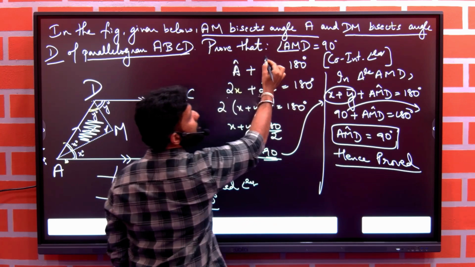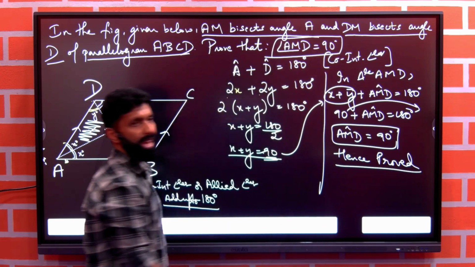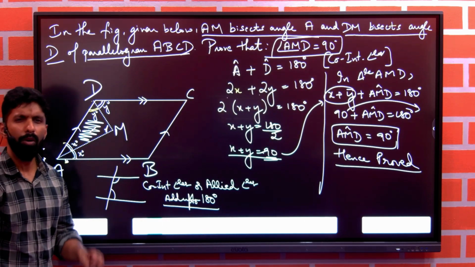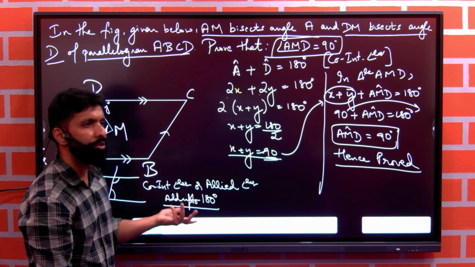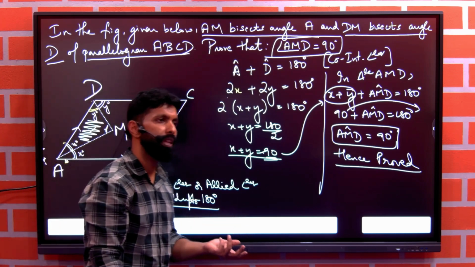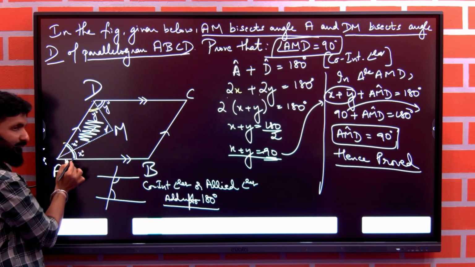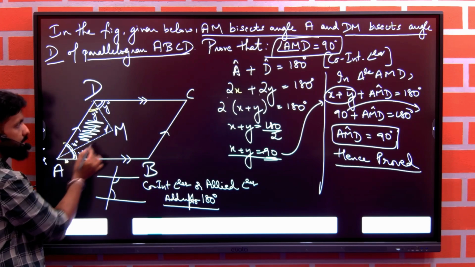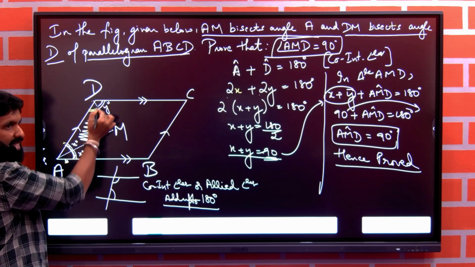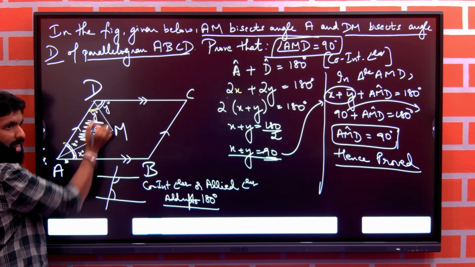See what they've asked us to prove? You had to prove that angle AMD is equal to 90 degrees. A very, very simple question. Just because the diagram was given, it doesn't mean it's complicated. Understand what we did? So AM was bisecting this angle, so we took the parts as x and x. DM was bisecting this angle, so we took the equal parts as y and y, right?